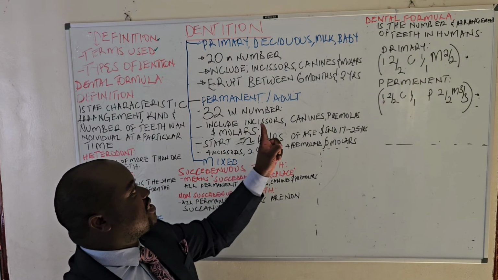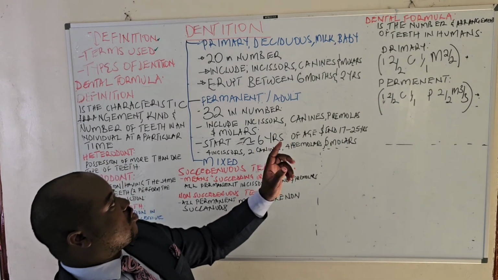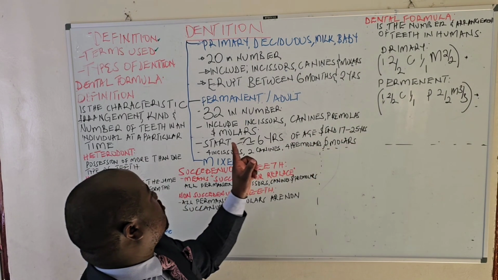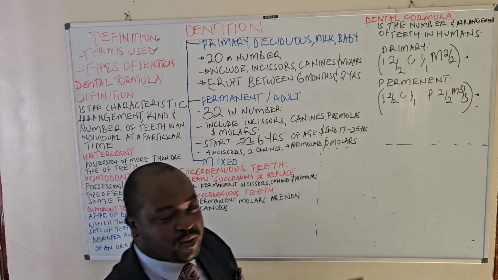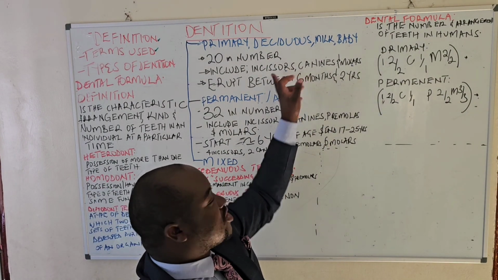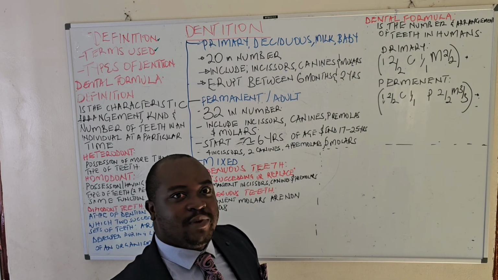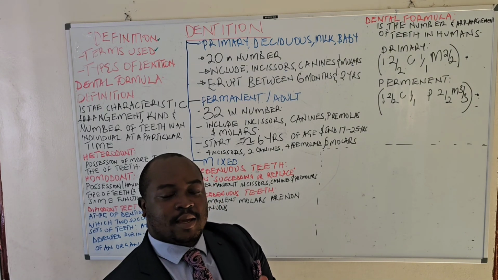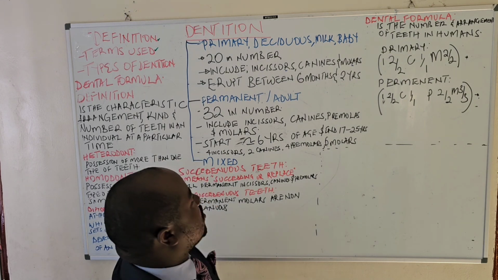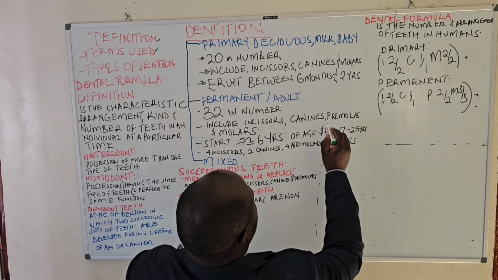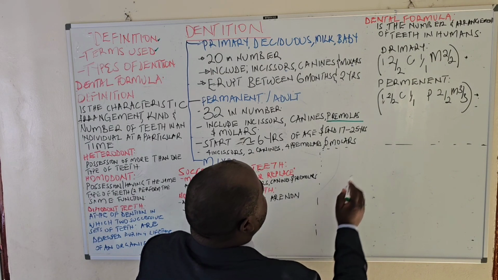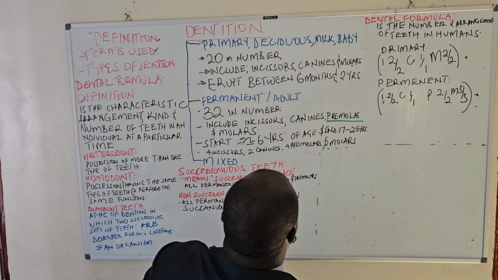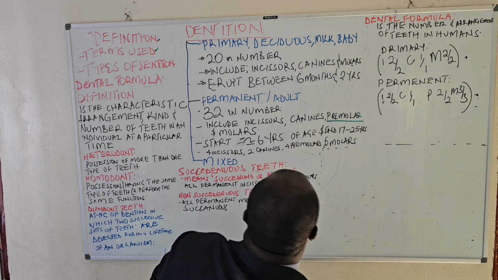They include incisors, canines, premolars, and molars. We didn't have premolars in the primary dentition. As a learner, you can be asked which type of teeth are not in the primary dentition. Please note, we do not have premolars in the primary dentition.